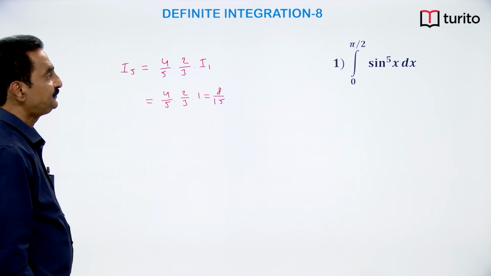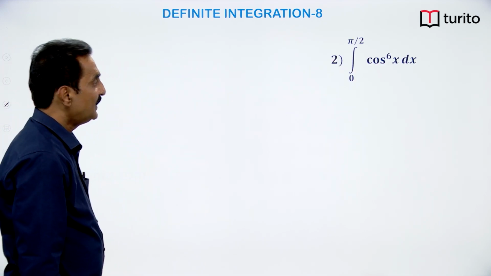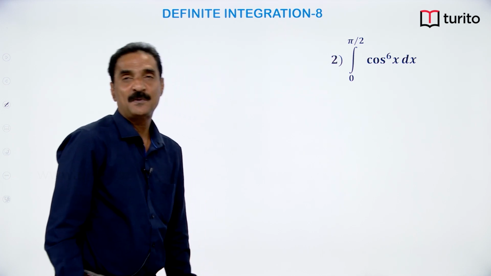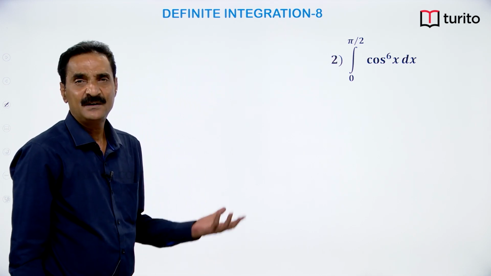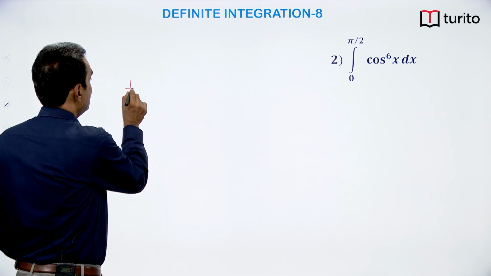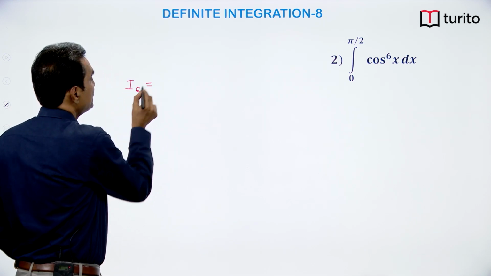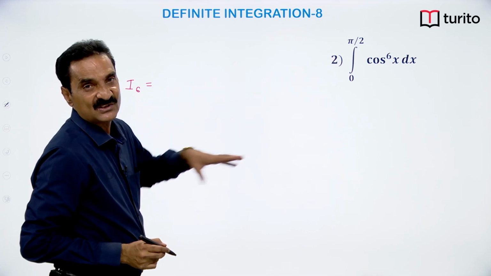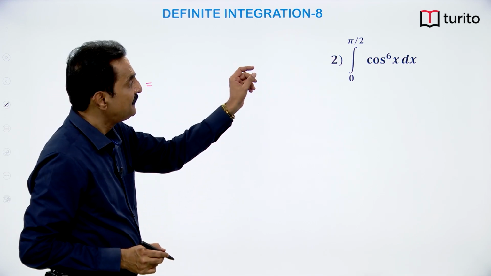Next question, integral 0 to pi by 2 cos power 6x dx. You can write it as I6. I6 is equal to n minus 1 by n, that is 5 by 6.